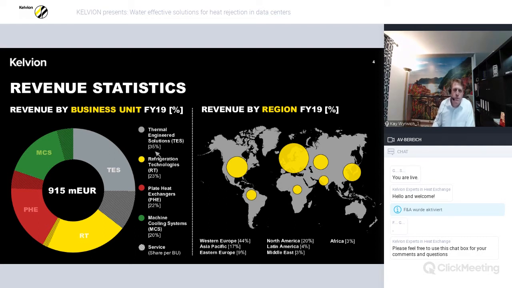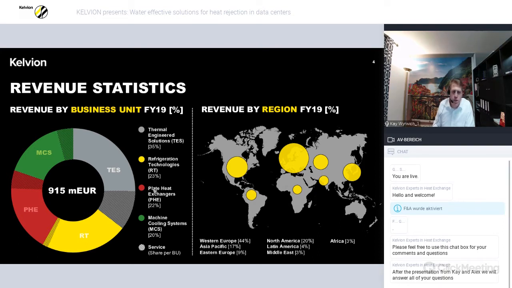In this unit, we are producing dry air coolers, remote condensers, and evaporators in different locations, and also the plate heat exchanger business, where we're producing brazed, gasketed, and fully welded plate heat exchangers. Our revenue is mainly generated in Europe, followed by North America and Asia.